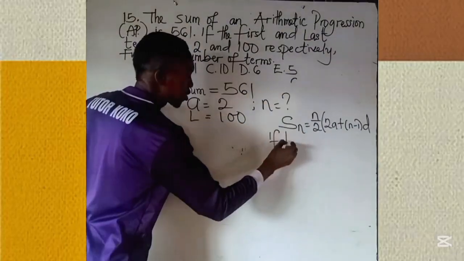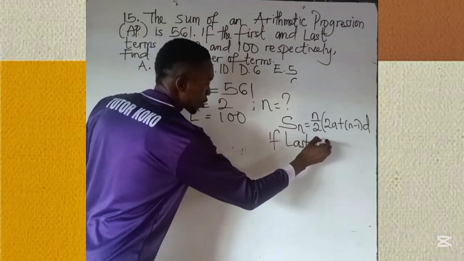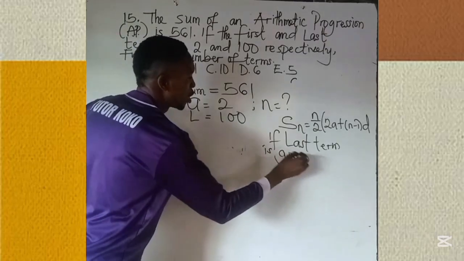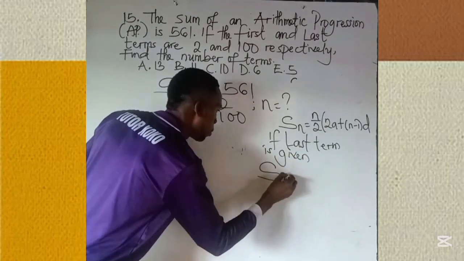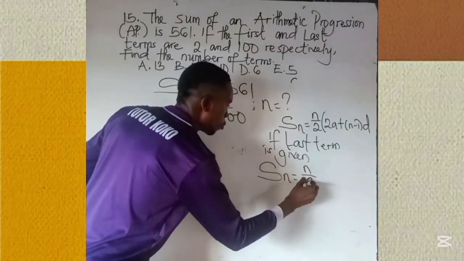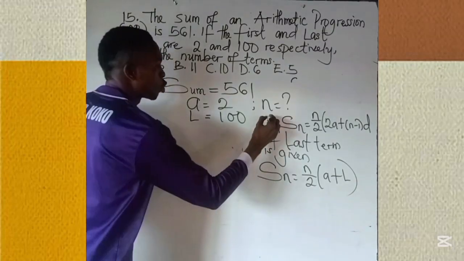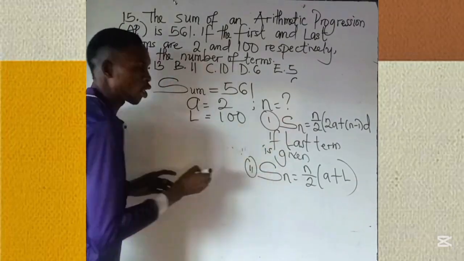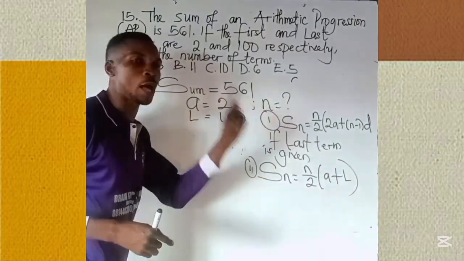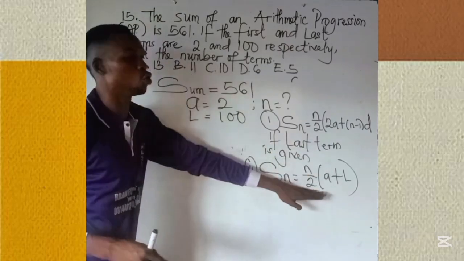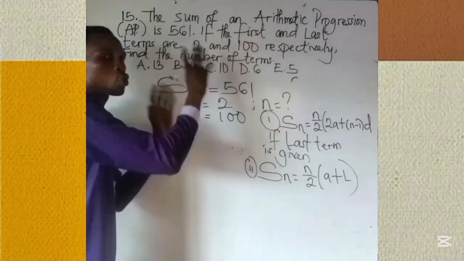But if the last term is given, as in this question, you use sum of AP equals n over 2 into (a plus last term). So take note of formula 1 and formula 2. When the last term is not given, use this one. If the last term is given, use this one. And that's what I'm going to use to solve this question.